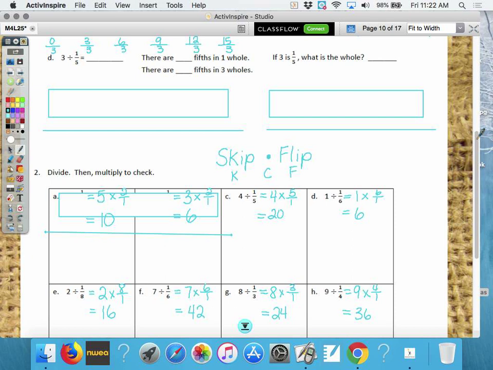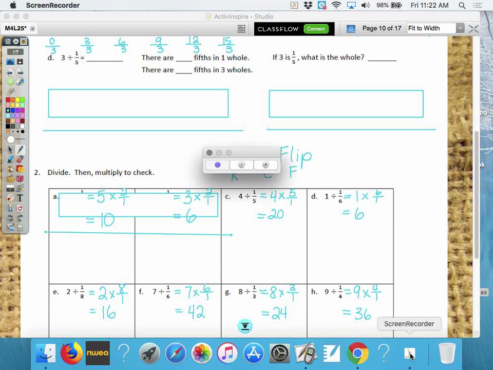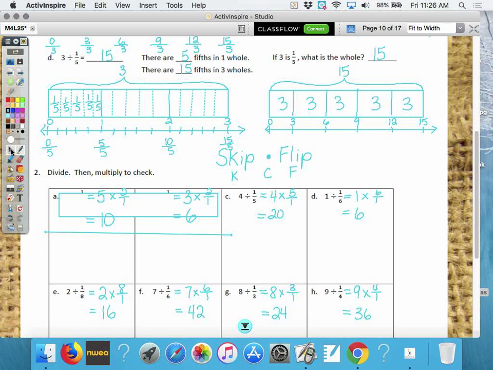Sound good? Yep. All right. I won't say a word. I'm just going to do it and then I'll put the screen over it. I'm going to pause it. All right, so check your problem. Make sure you did it correctly. It was problem D. Oh, there's where that thing pasted. Look at it.